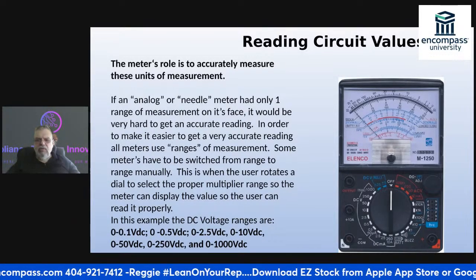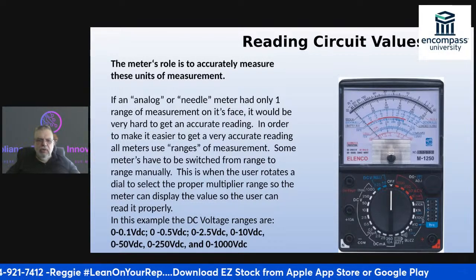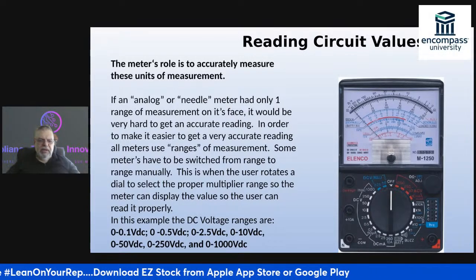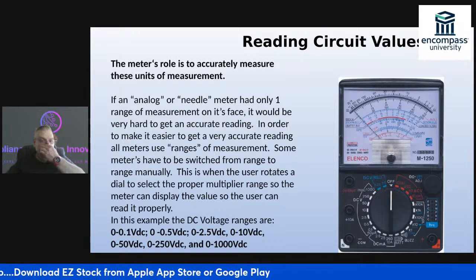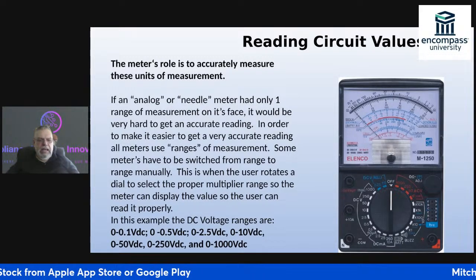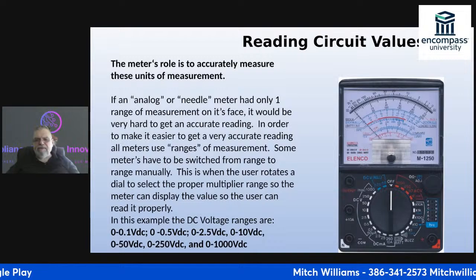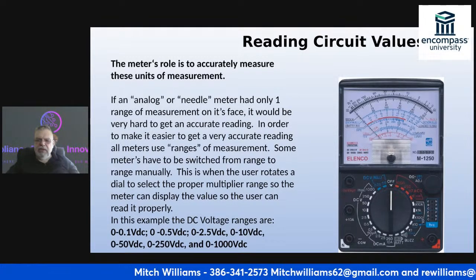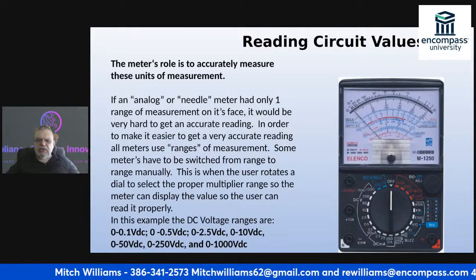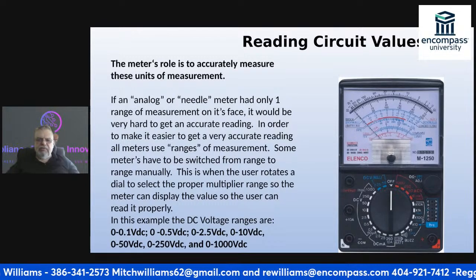So that would be my ranges. If I'm trying to measure something that is somewhere between 0 and 0.1 DC volts, I'll use that first selector. I'll spin that knob all the way down to the very bottom of the DC chart, and that's where I'm going to find my DC range.